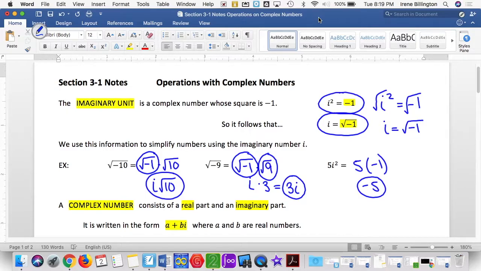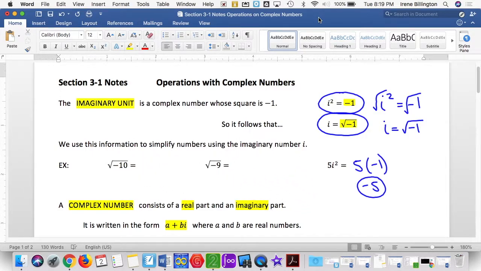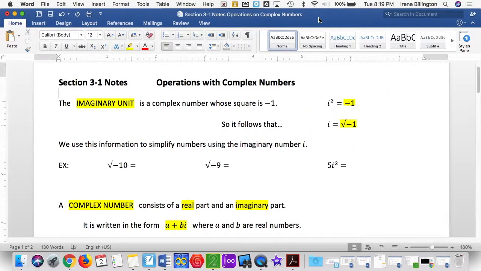Complex numbers are going to consist of real parts and imaginary parts. When you write a complex number, you will write it in the form a plus bi, where a and b are real numbers.